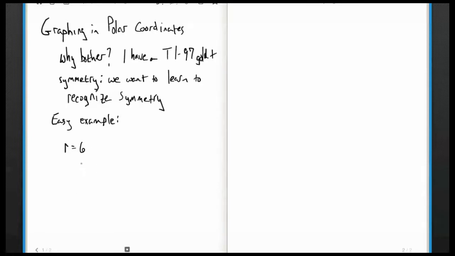I always try to convince my college math students that a graph is just a picture of all the points that work.